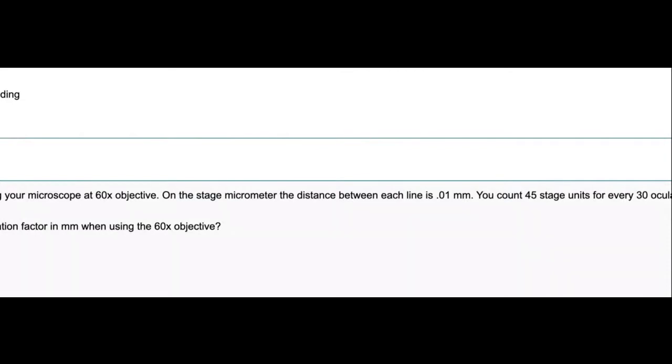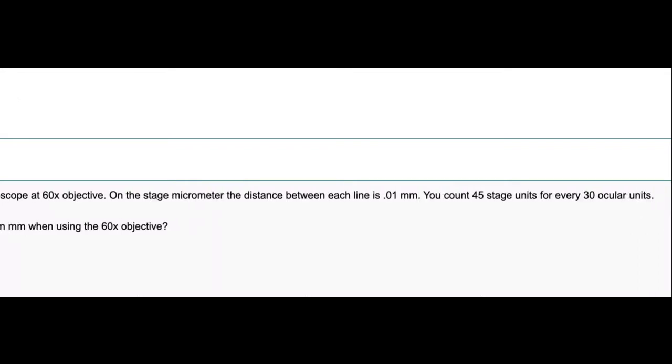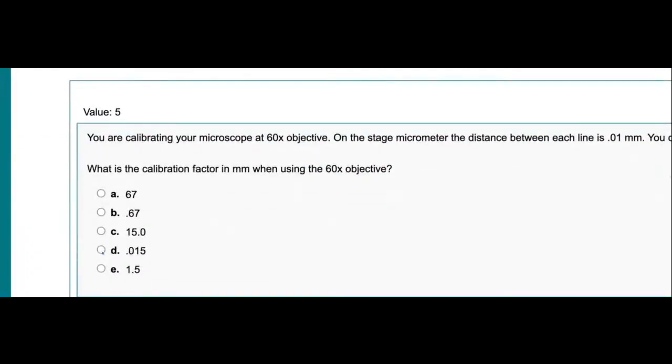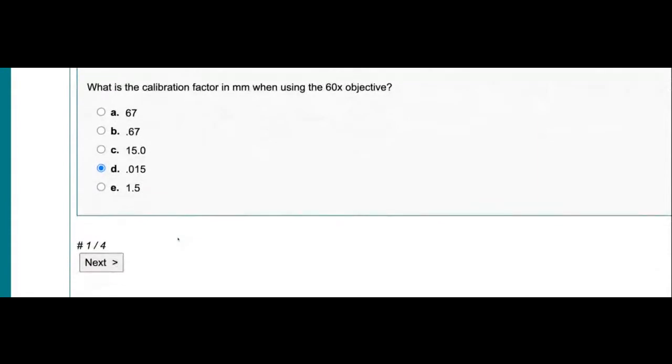They line up at 0.45. And so 0.45 millimeters is 30 ocular units. So how many millimeters are for one ocular unit? Well, it will be that 0.45 divided by 30, which will be 0.015. And that indeed is an answer.